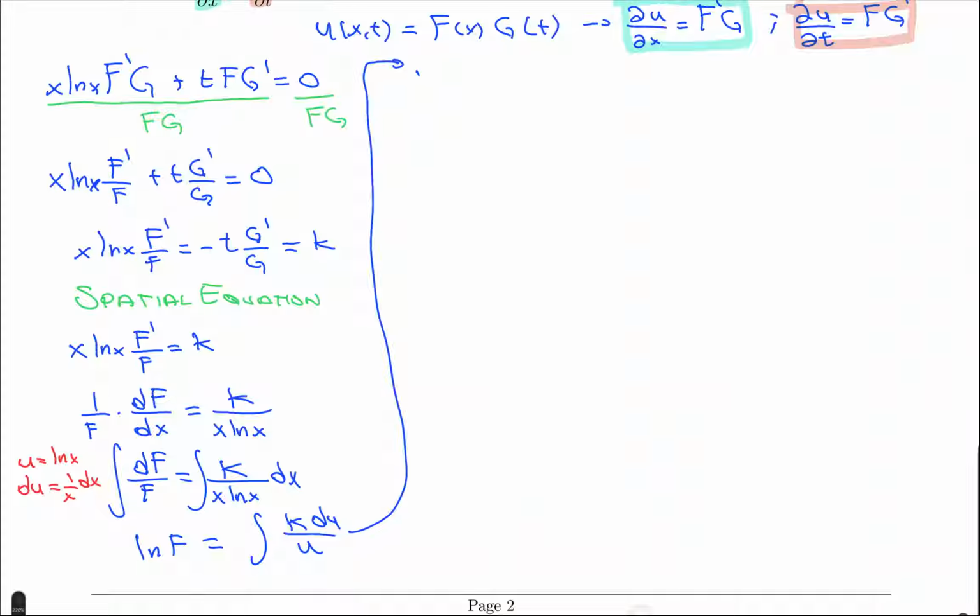That's going to leave us with ln f equals the integral of k du over u, which is k ln of u plus some constant of integration c. So we need to back substitute for u. What do we do? ln x. So ln f equals k ln of, careful, we're going to have nested logarithms, ln x plus c.